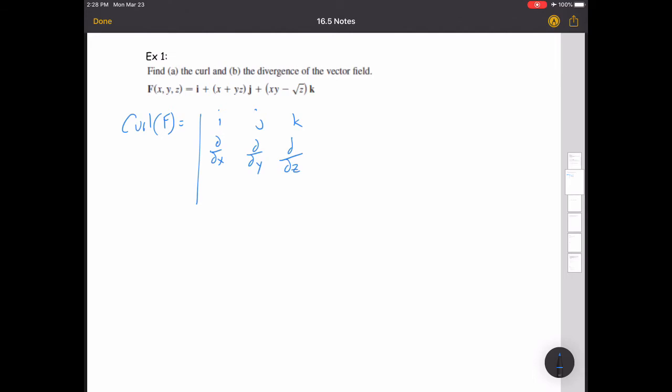If you look up here, the x component is just the coefficient of i, which is 1. The y component is x plus yz. And then the z component is xy minus root z. Then we're going to take the determinant of that.